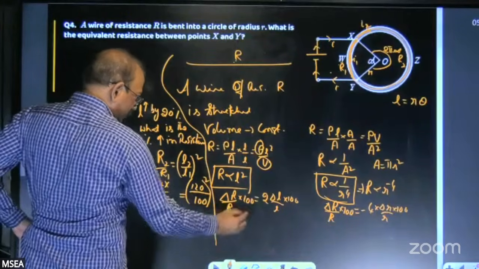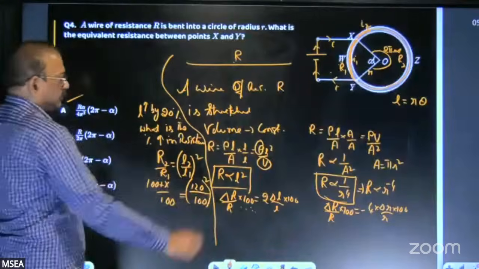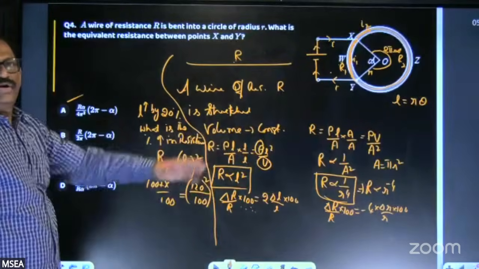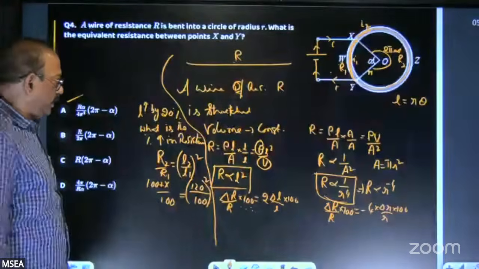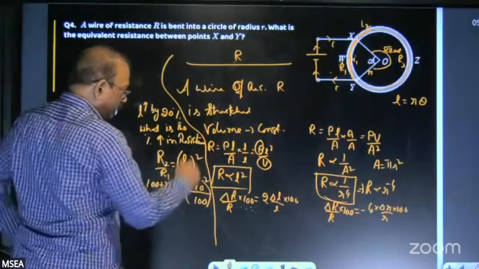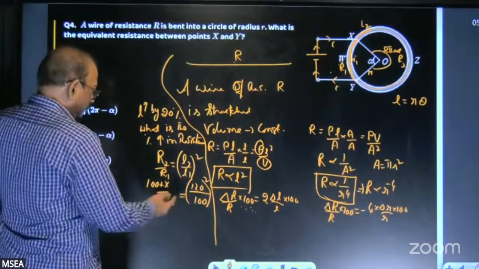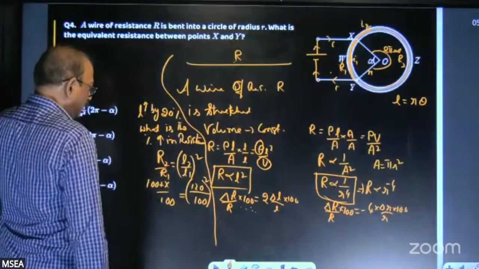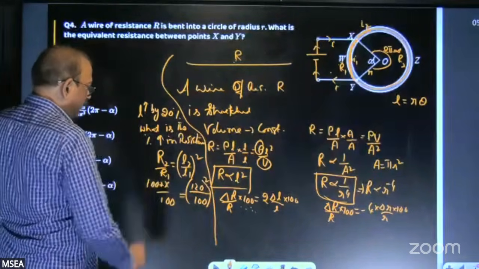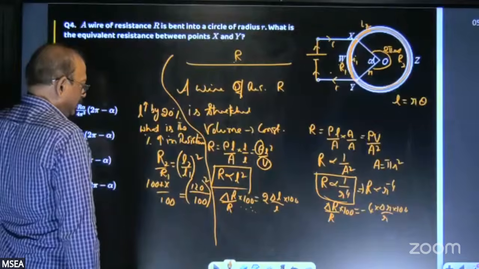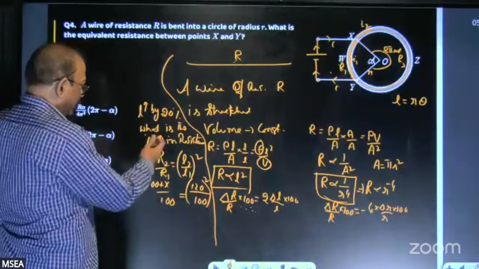When the percentage change is small, use this: delta R by R into 100 equals 2 into delta L by L into 100, for the stretching process. From this, find the X value. You will get the answer for this.